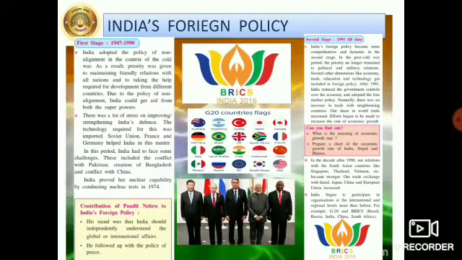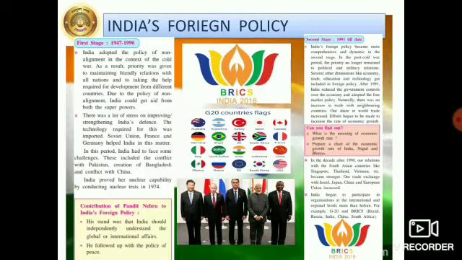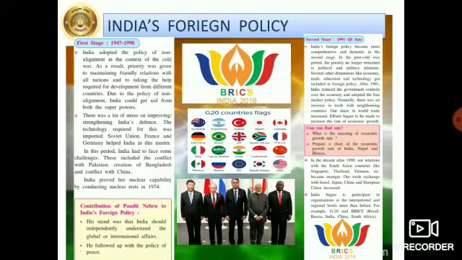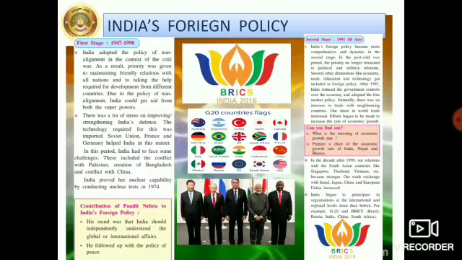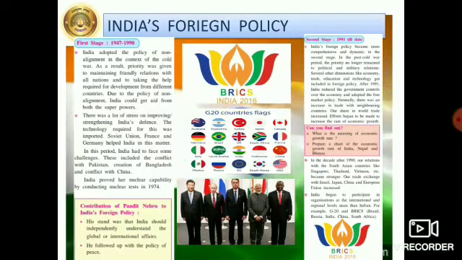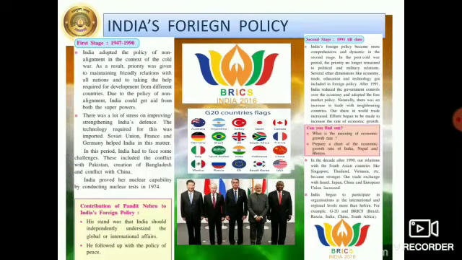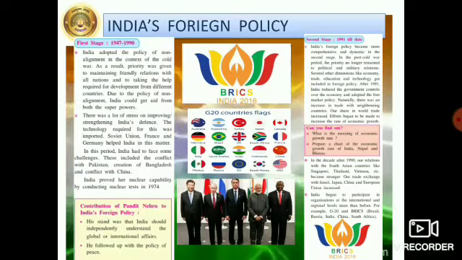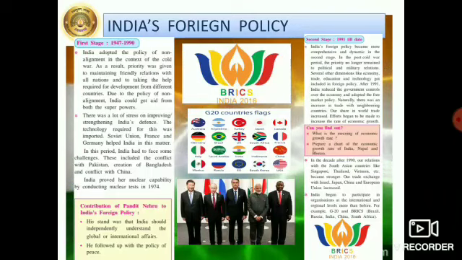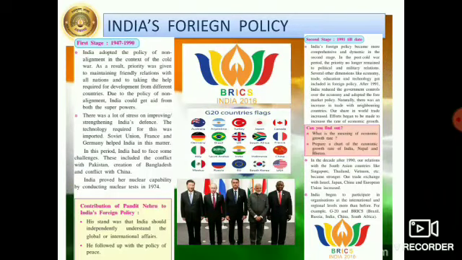As a result, priority was given to maintain friendly relationship with all the nations and to get help required for development from different countries. Due to the policy of non-alignment, India could get aid from both the superpowers.